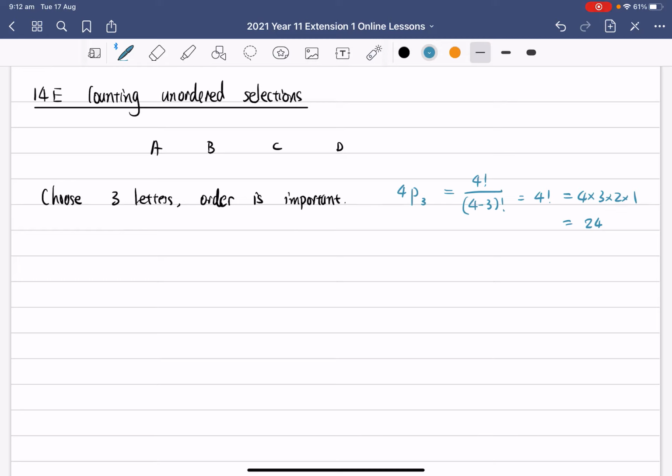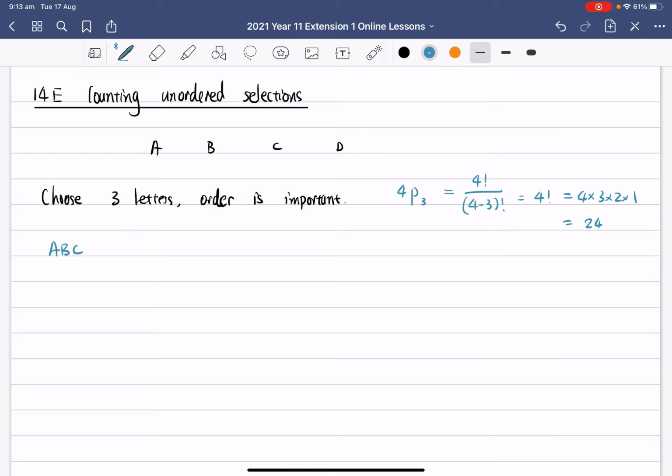Alright, so I'm going to try to list all the 24 different arrangements, and then we're going to talk about what happens if the order is not important, and how many different arrangements are possible in this case. So starting here, we'll pick ABC. That's my first selection, ABC.